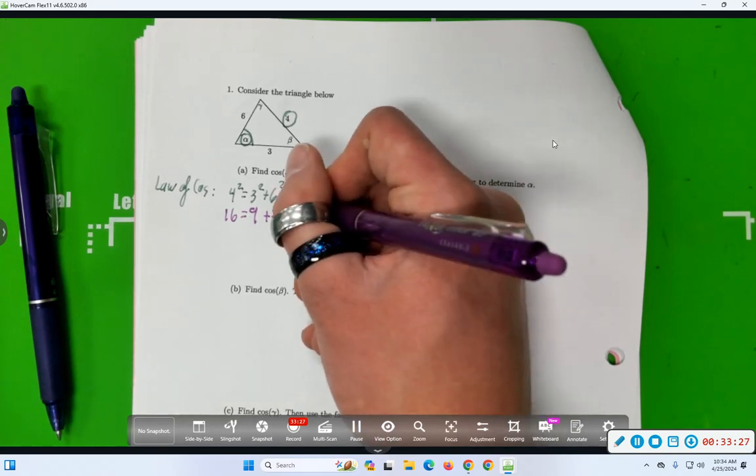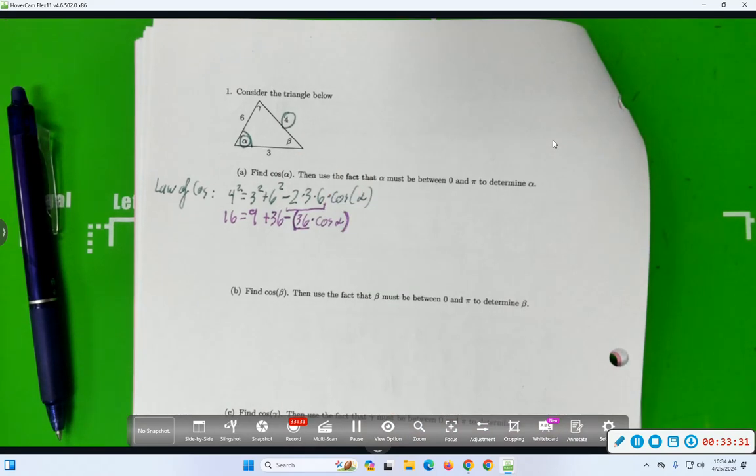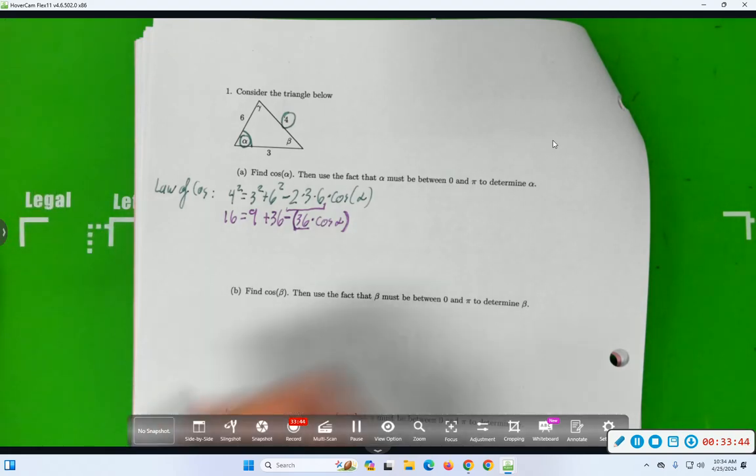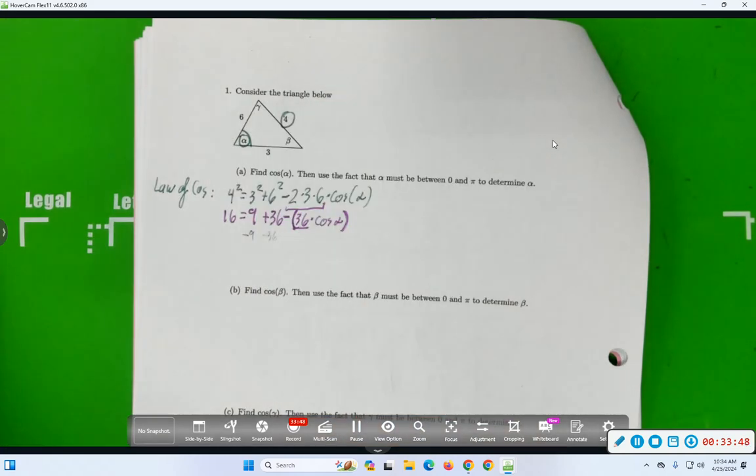And I'm going to add some unnecessary parentheses. That 36 is multiplied by cosine of alpha, so I can't say 36 minus 36 is 0 because one of those 36s has a cosine alpha next to it. All right, so now let's do some work to get cosine of alpha on its own. A good starting point is to subtract 9 and subtract 36 to the other side.